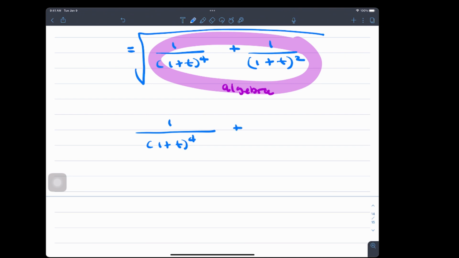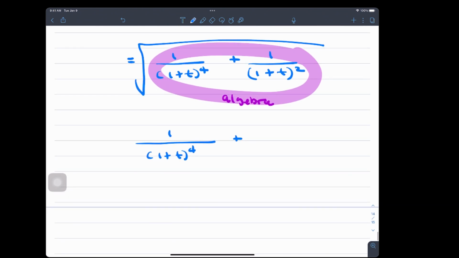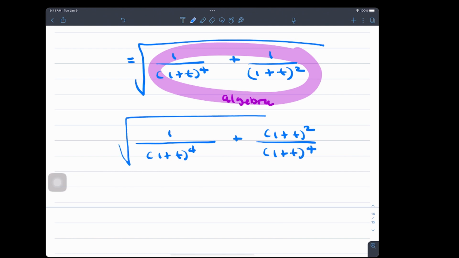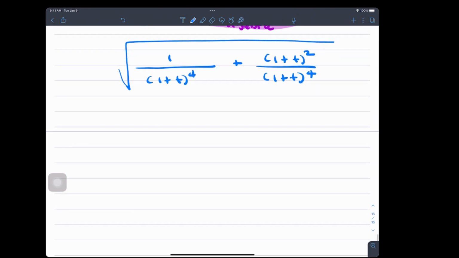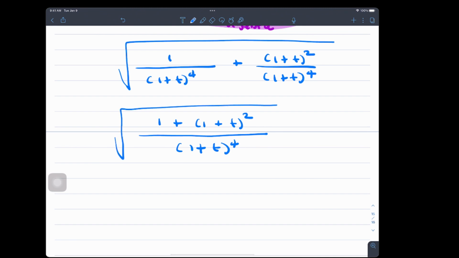So let me double check here. Yeah, you have to have the same denominator. So if I multiply the top by 1 plus t squared and the bottom by 1 plus t squared, I'll get 1 plus t to the 4th here. Now you have the same denominator: 1 plus t squared over 1 plus t to the 4th, square root.